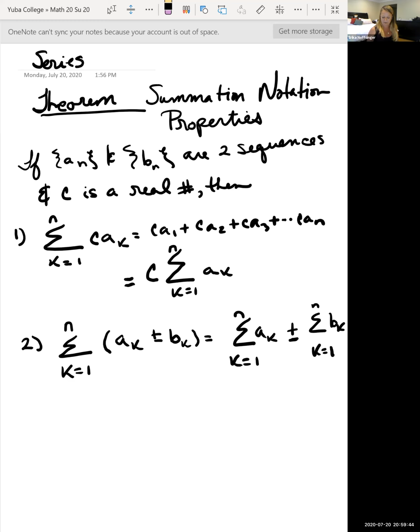Yeah, so basically if you have more than one term as your formula, you can break it up as a summation of the first term plus or minus the summation of the second term plus or minus the summation of the third term, etc. And there's going to be some ways to simplify depending on how that term looks or what form it's in.